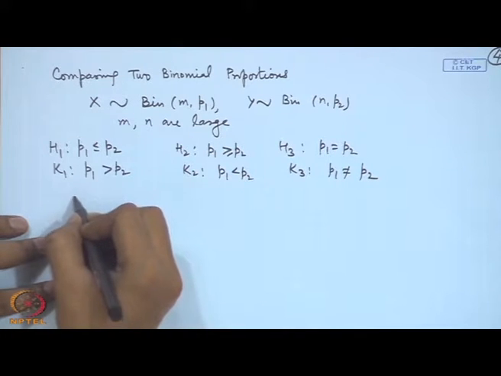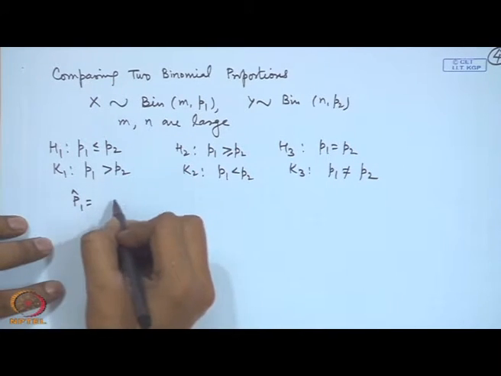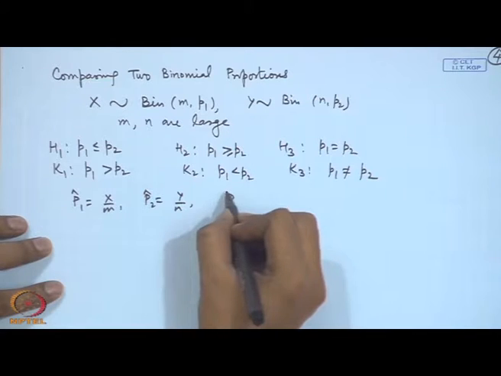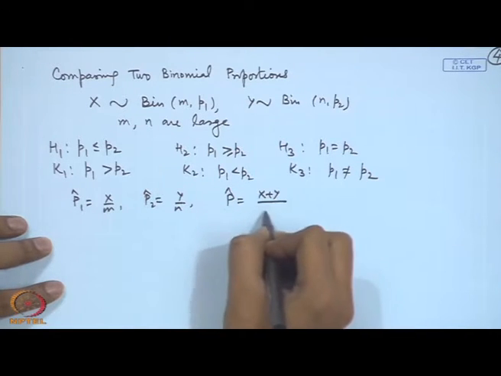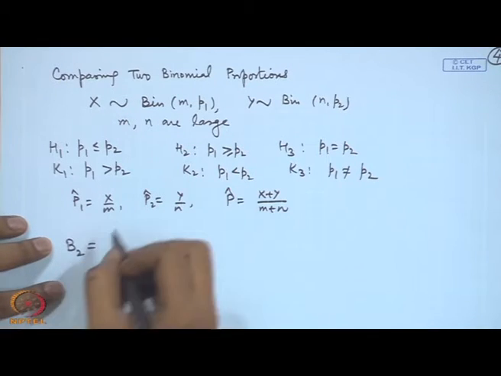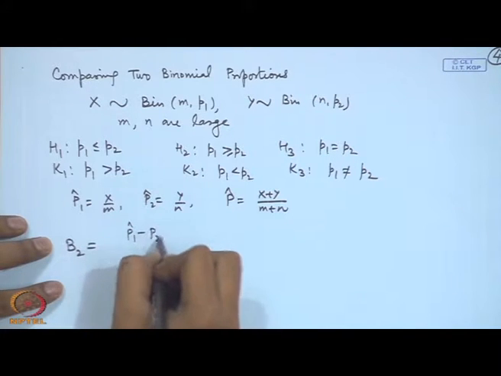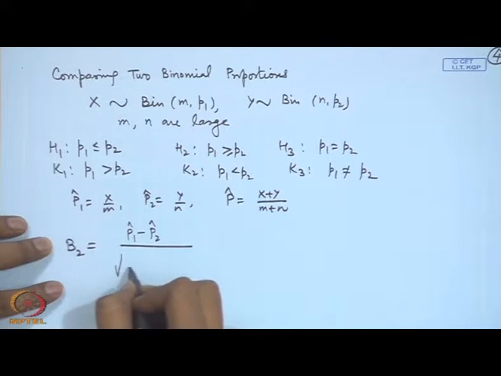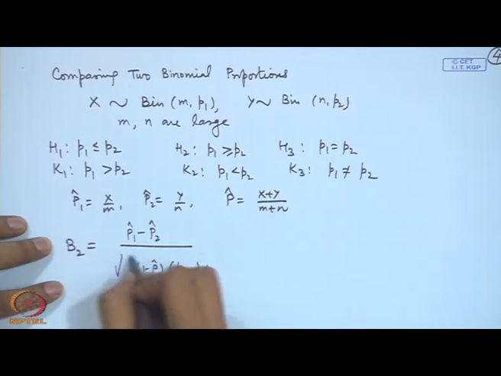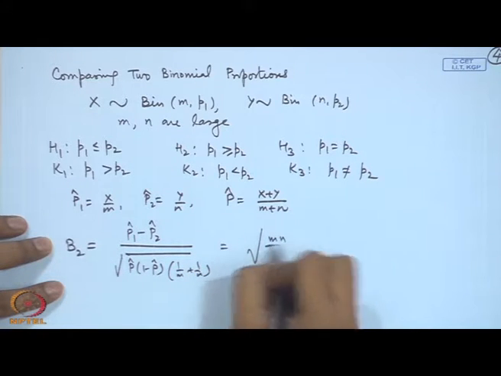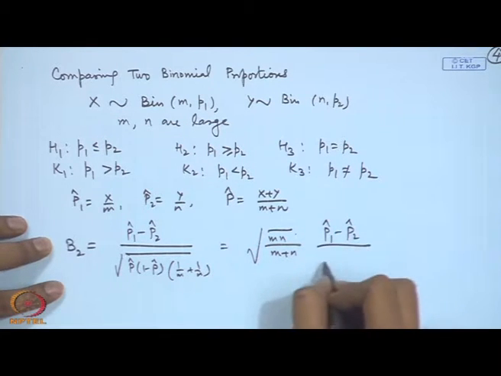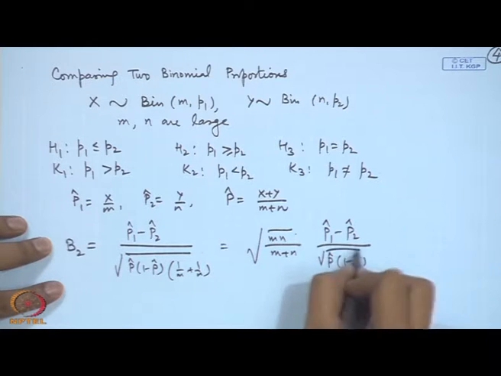So, let us define p 1 hat equal to X by m, p 2 hat equal to Y by n, and p hat to be (X plus Y) by (m plus n), and let us define the statistic B 2 as (p 1 hat minus p 2 hat) divided by the square root of p hat times (1 minus p hat) times (1 by m plus 1 by n), that is actually equal to root of m n by (m plus n) times (p 1 hat minus p 2 hat) divided by root of p hat times (1 minus p hat).